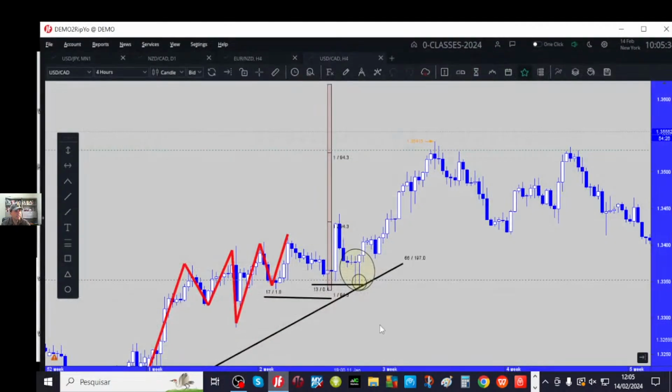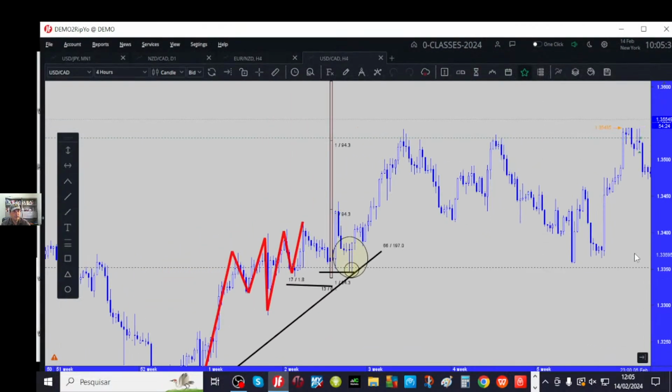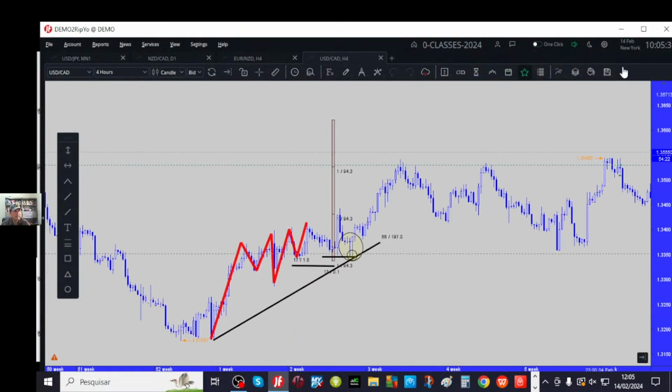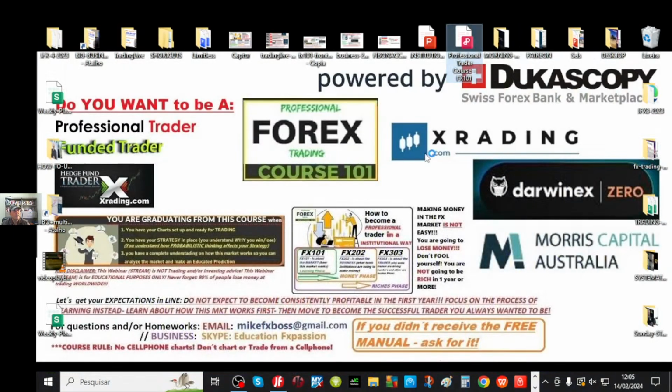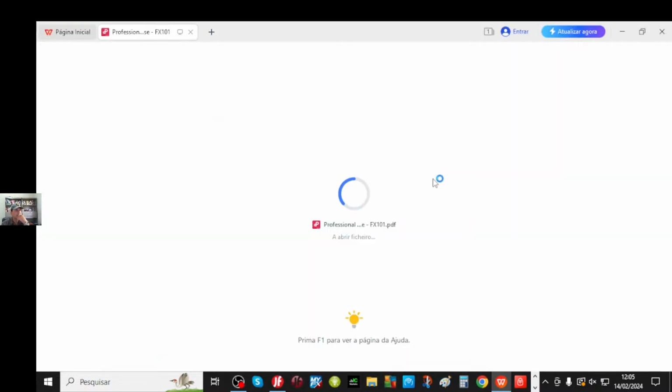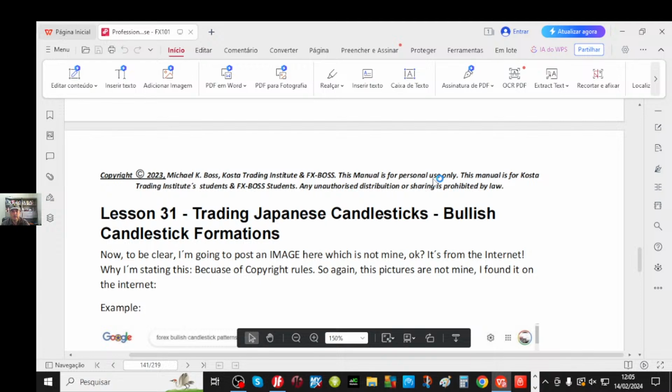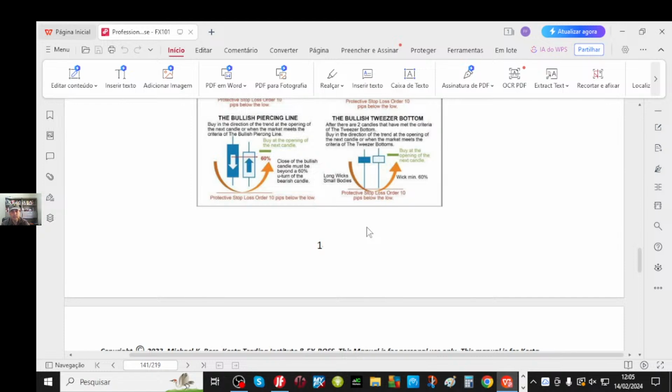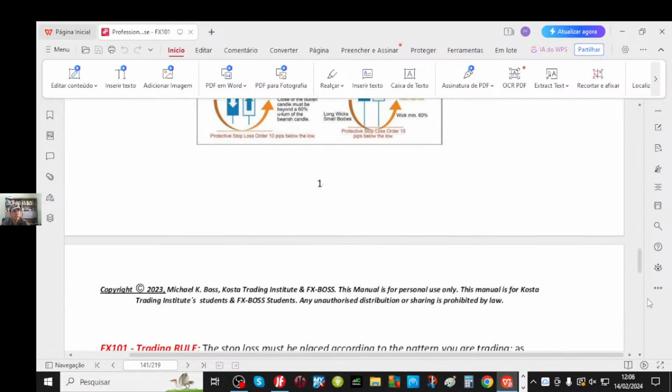That being said, everybody, type in the chat a currency pair that is in a downtrend. In the meantime, I'm going to open the manual. Type in the chat a currency pair that you believe or think or see is in a downtrend. So yesterday was the bullish, today we have bearish.